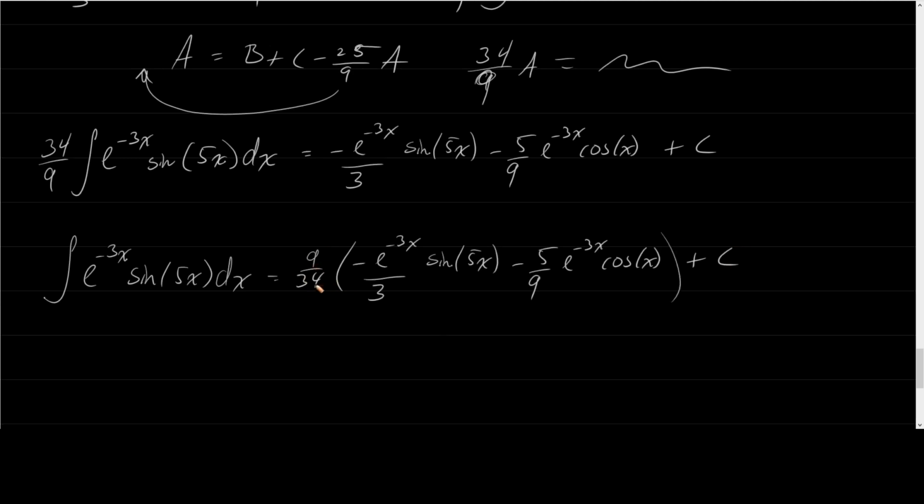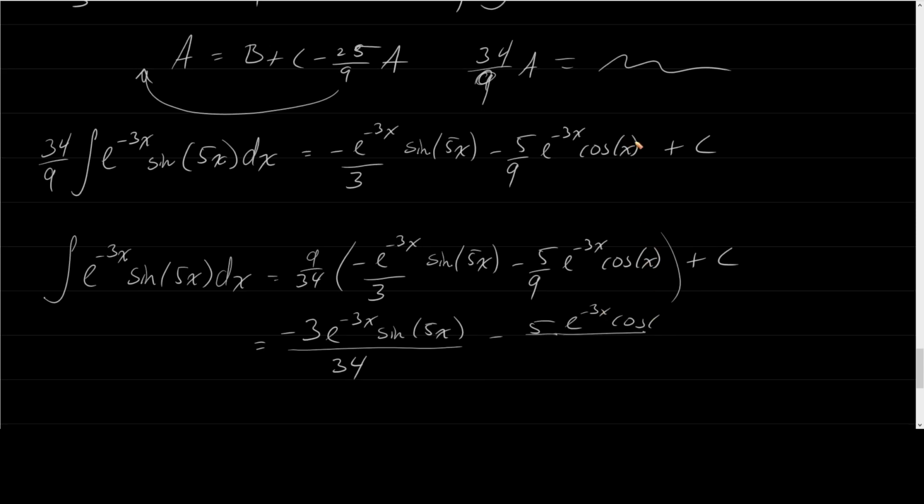Now, distributing this 9/34, what we end up with is negative 3 e to the negative 3x sine of 5x over 34 minus 5 e to the negative 3x cosine.